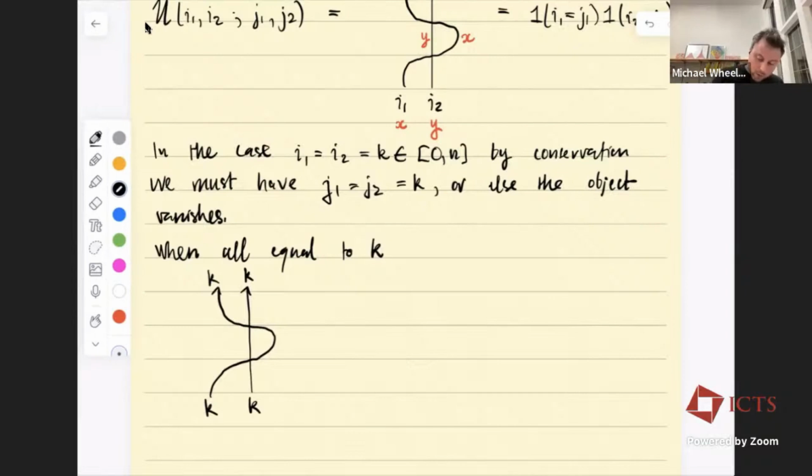Normally you're supposed to sum over those, but here they will both be forced to be equal to K. Otherwise, the object is going to vanish. So in this case, you actually just have a product of 2 vertices, both of which are completely frozen. And both of those vertices have weight 1. So indeed, in this case, the answer is equal to 1. Okay? So at least when I1 is equal to I2, the claim holds.